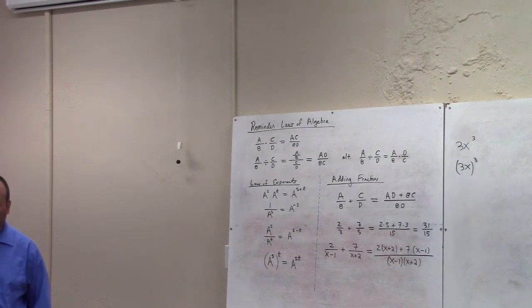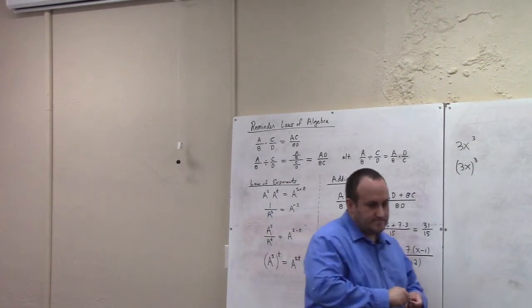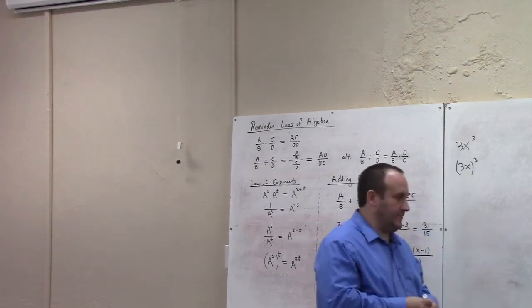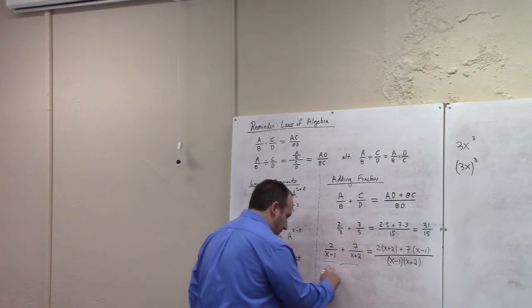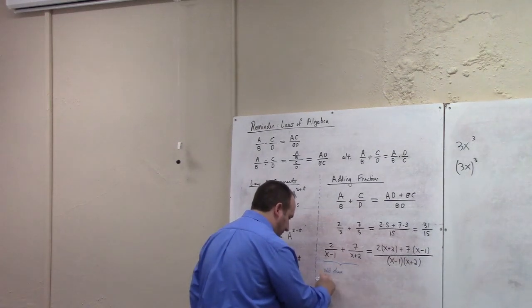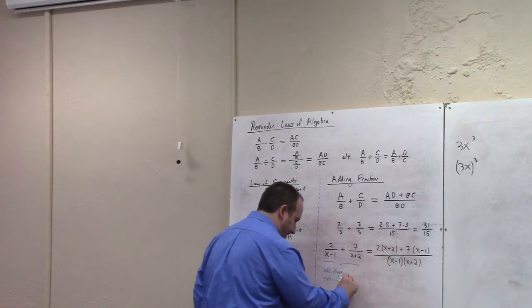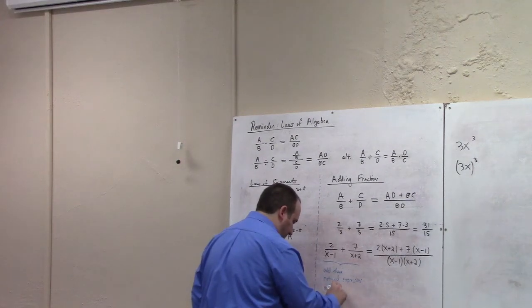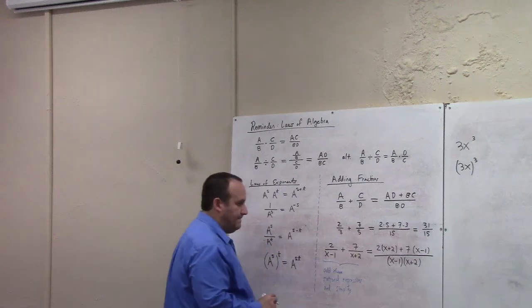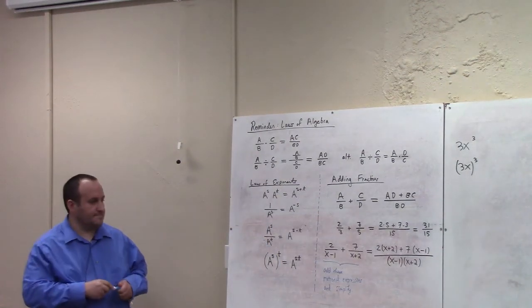Now have we simplified yet? I'll write down the instructions at the moment. Now add these rational expressions and simplify. I would say at this point we've added them. How would you simplify that?